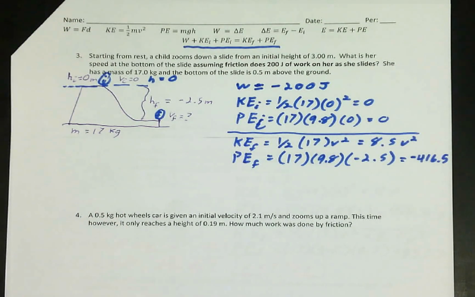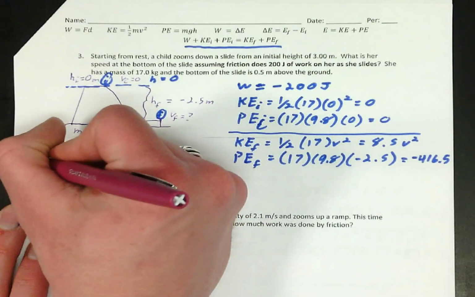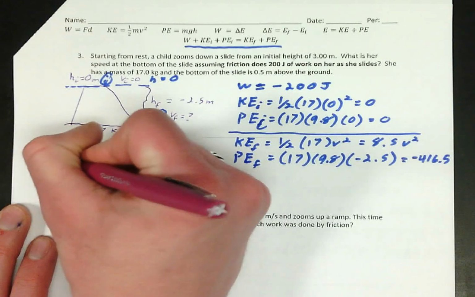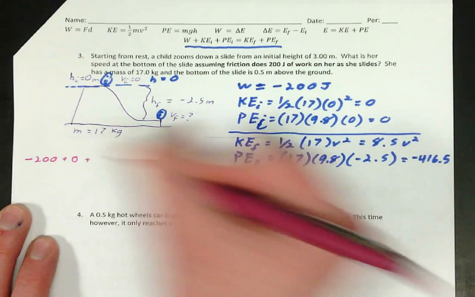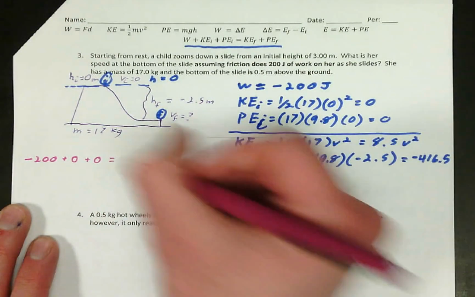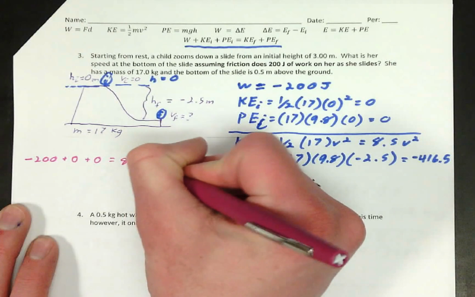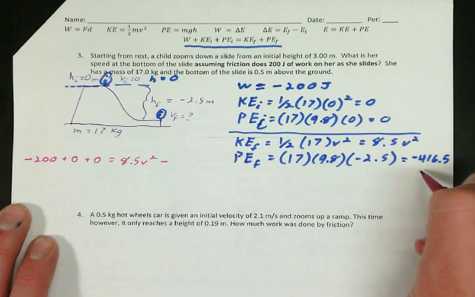Okay, so now that I've got all those, I'm just plugging them into the equation. So W plus KEI plus PEI equals KEF plus, or in this case minus, PEF.